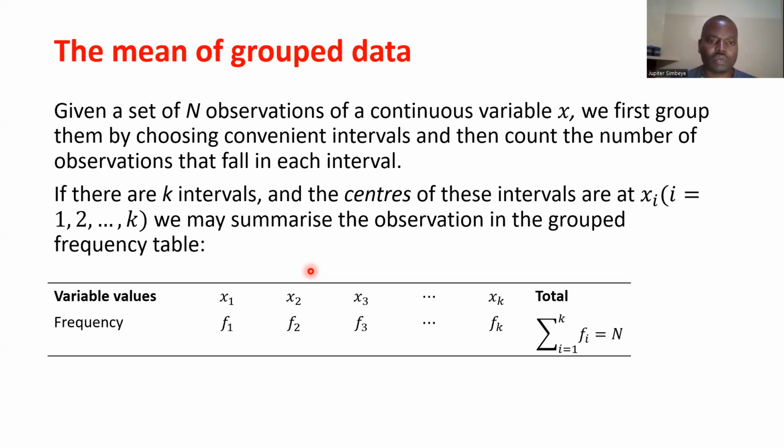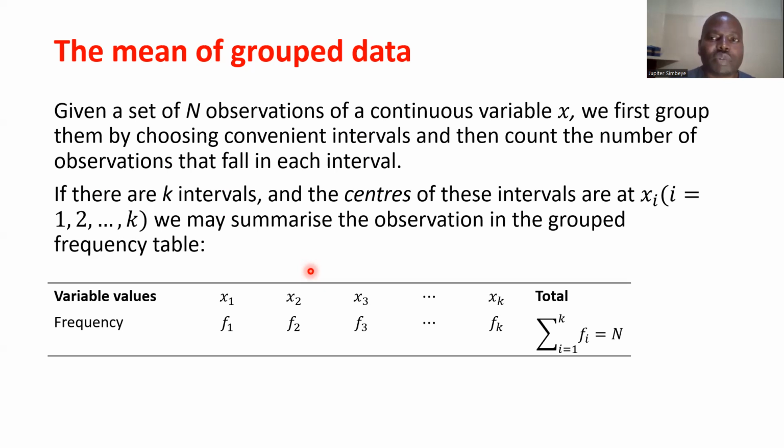So the mean of grouped data for a continuous variable. The one before, which we have seen in the previous slides, was for a discrete variable. Here we are looking for a continuous variable. For a continuous variable, you already remember that we group the data into class intervals.